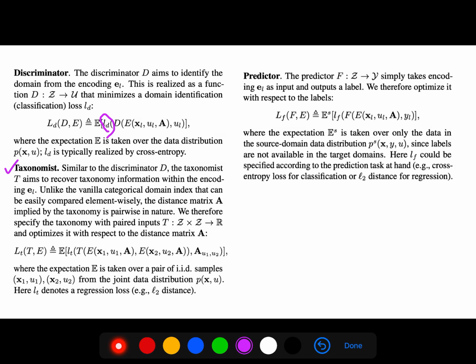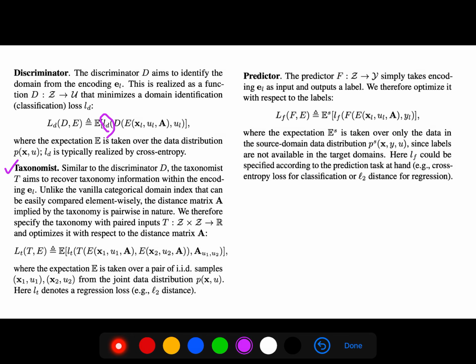We therefore specify the taxonomy with paired inputs and optimize it with respect to the distance matrix, where the expectation is taken over a pair of IID samples from the joint data distribution. Here L sub T denotes a regression loss.